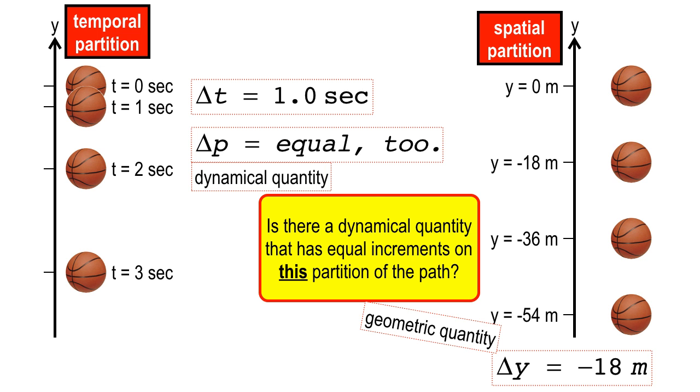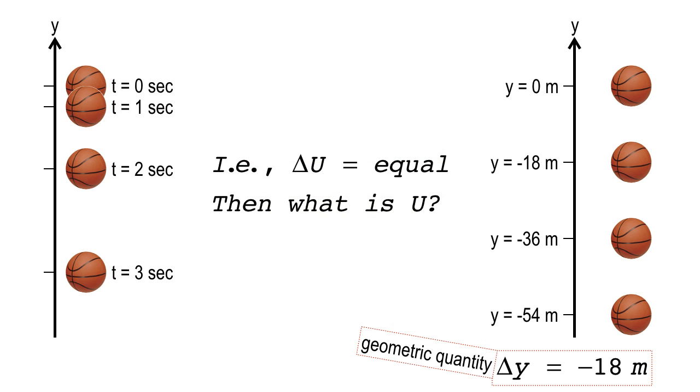In other words, is there some dynamical quantity, capital U, that has equal delta U's for equal delta y's?